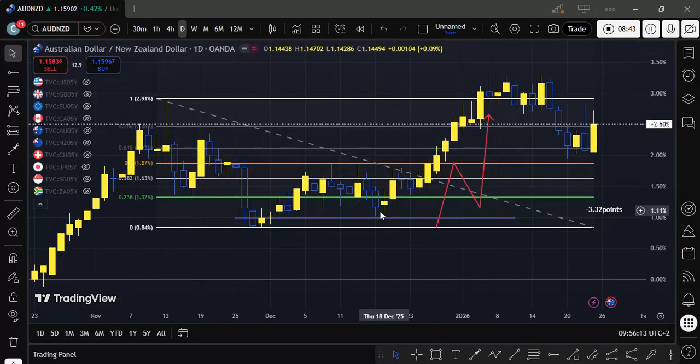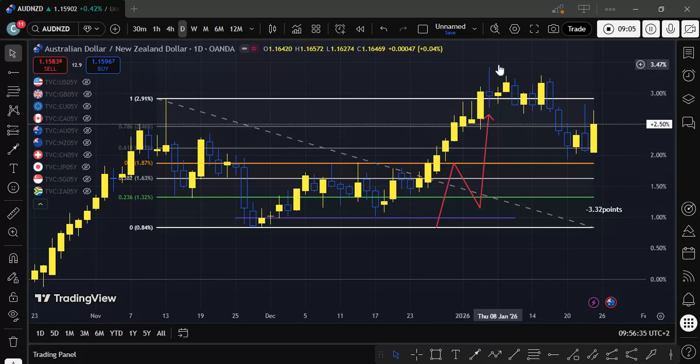Now, the most beautiful monetary policy divergence trade in the AUD/NZD had it stopped me out because I was not expecting it to give me a pullback all the way down to the 50% fib. So I actually exited the trade.